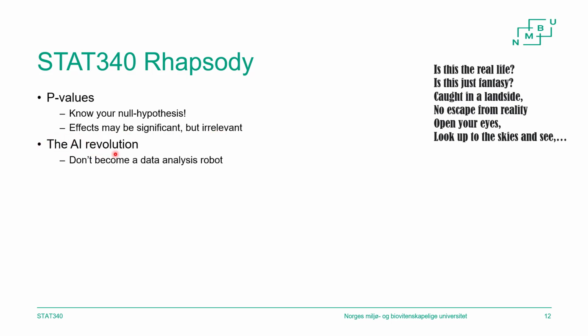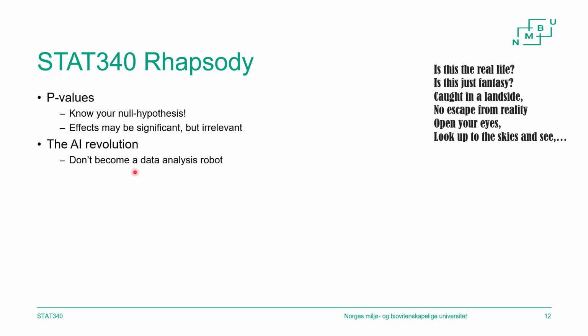And then these days we are facing this artificial intelligence revolution. That makes me think that whatever you do in life or when it comes to data analysis, don't become a robot. Because I tend to see that people do data analysis as if it was a procedure. You just follow a recipe, do exactly the same things every time, compute exactly the same p-values every time, and you don't really think, right?